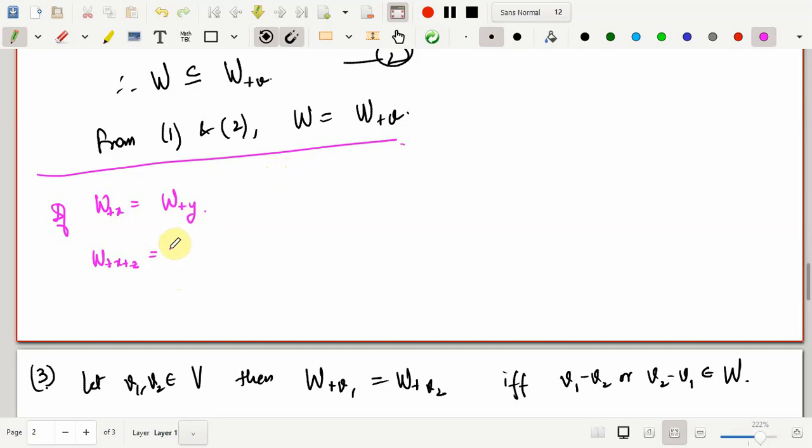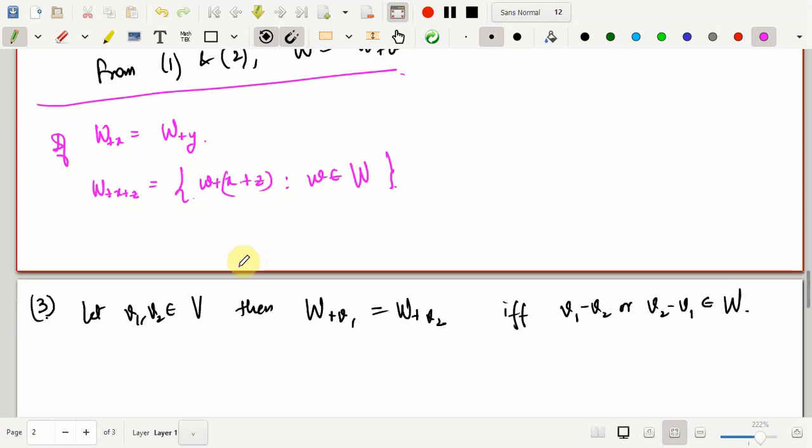The reason is this. If I try to explore this set, it is the same as saying W plus X plus Z, where X plus Z is fixed and W is varying over the set W. What I need to show is that this is the same as W plus Y plus Z. Now, what is W plus Y?